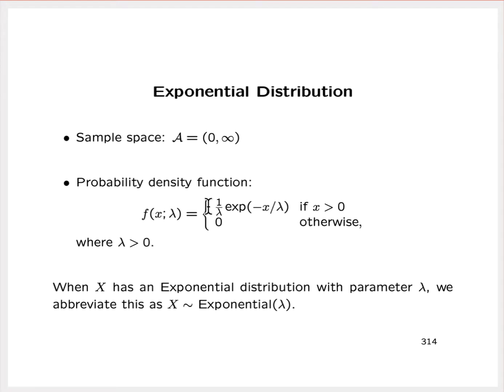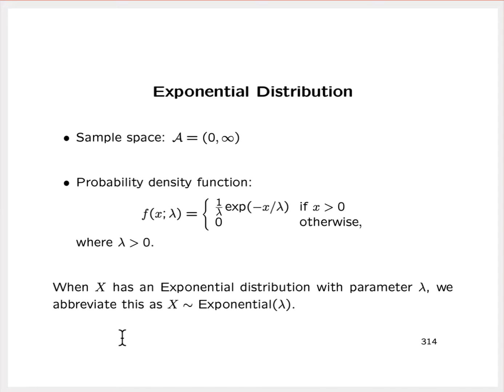And then for any value of x that is less than or equal to 0, the PDF would evaluate to 0. And so I want you to think about what this distribution looks like. We're going to be doing quite a bit of work with this.